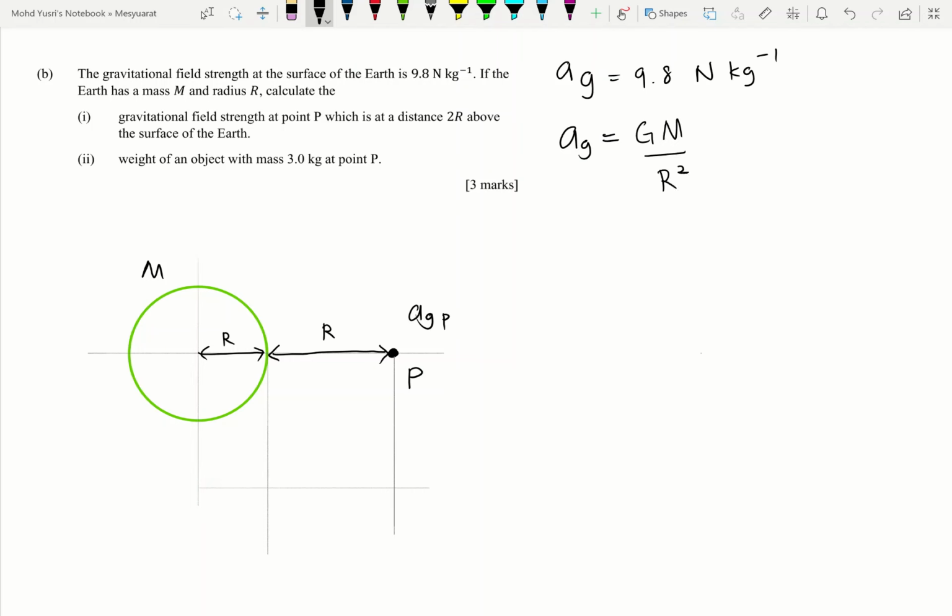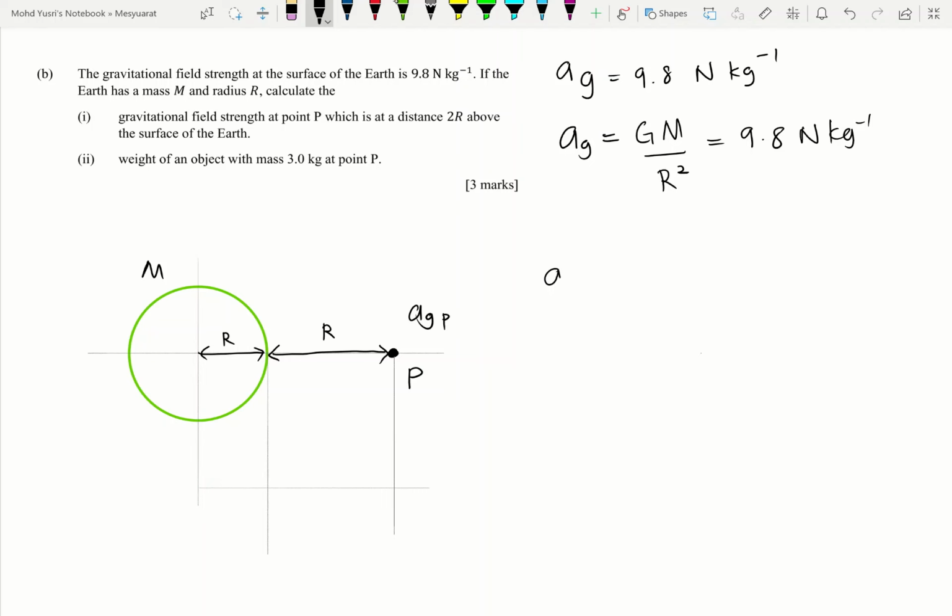Okay, that r is the distance between the center of the Earth and the surface of the Earth, and mass m is mass of the Earth. Now, that value is equals to 9.8 Newton per kilogram.